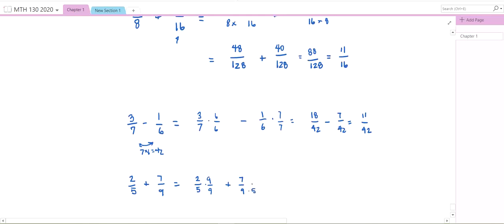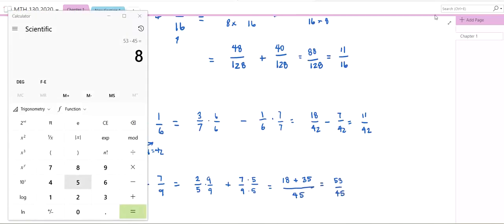To make this 45, I have to multiply this denominator by 5, so 5 goes in the top also. So we end up with 18 plus 35 over 45, so I get 53/45.